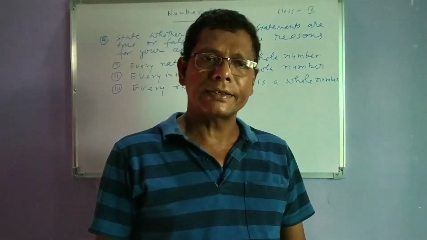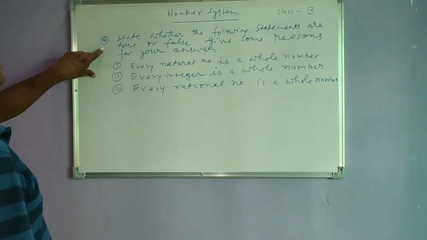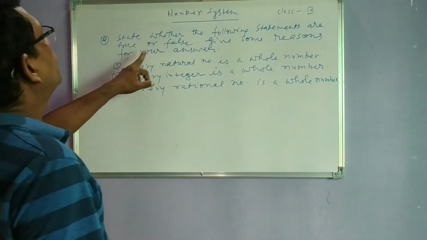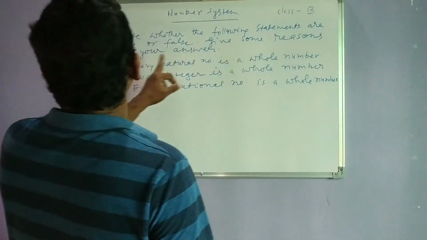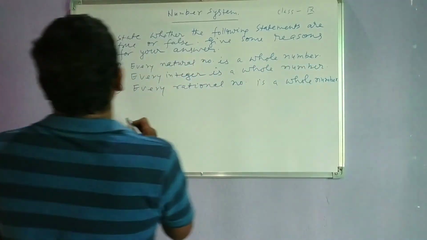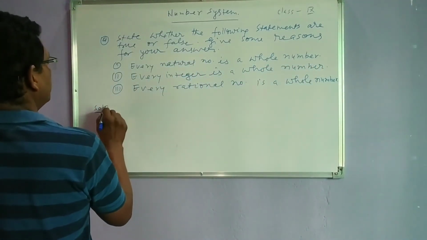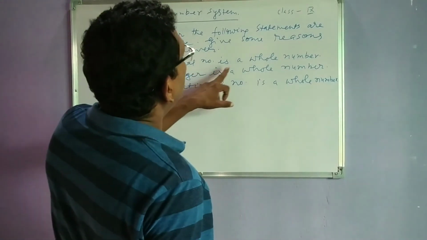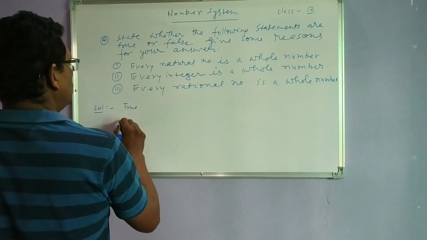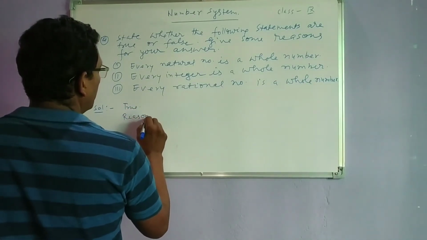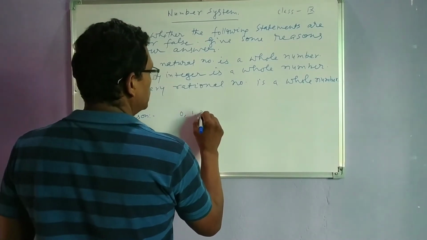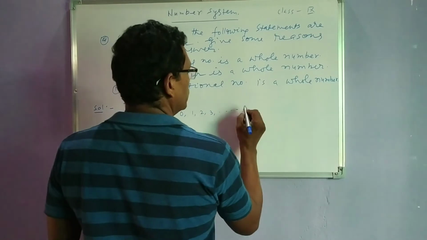Moving on to the next question, that is question number 4. State whether the following statements are true or false. Give some reasons for your answer. Every natural number is a whole number. So solution. Every natural number is a whole number. It is true. Reason. Whole number starts with 0, 1, 2, 3, and so on.